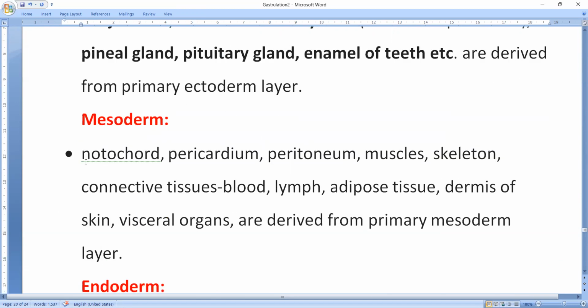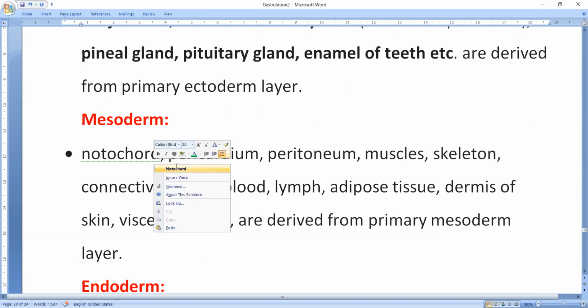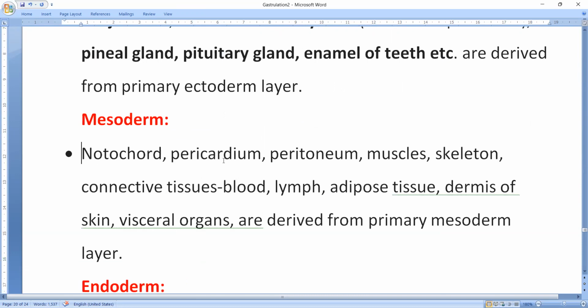From the mesoderm, what is formed? Notochord, pericardium, peritoneum, meaning the covering surrounding the lungs, kidneys, and the ovary or testes. Pericardium and peritoneum. The muscular system is produced from the mesoderm. Skeleton is produced from the mesoderm.